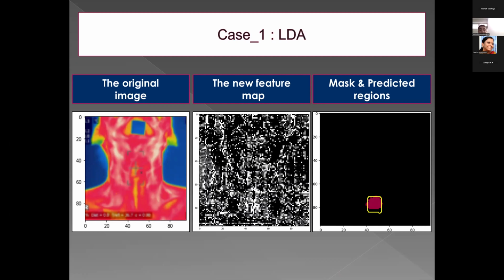And the final feature selection model, LDA, in this slide, we see the best result using the input feature map derived from LDA. The model has almost successfully predicted the target area with both high specificity and high sensitivity, achieving a dice coefficient of 73%.